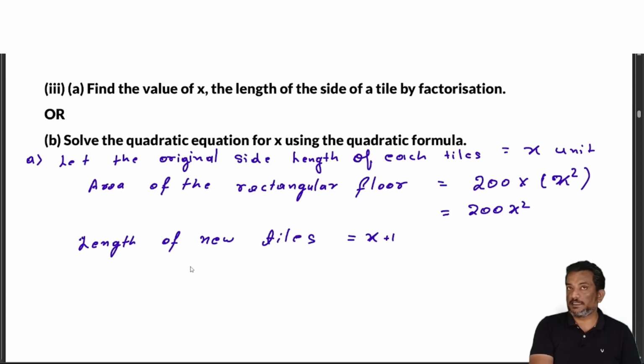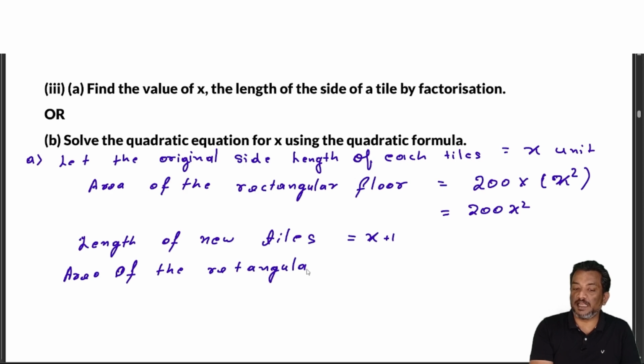Okay, and still the tiles are in the shape of a square. Okay, so now area of the rectangular floor, same floor. Now here how many tiles are required when the length has increased by 1 unit? So that is 128 tiles.